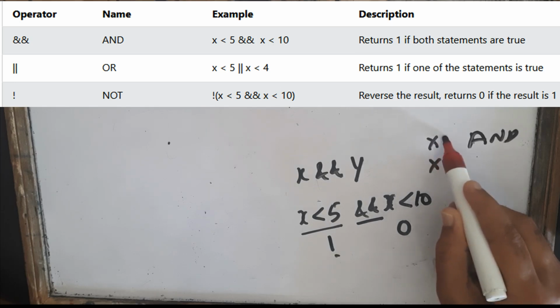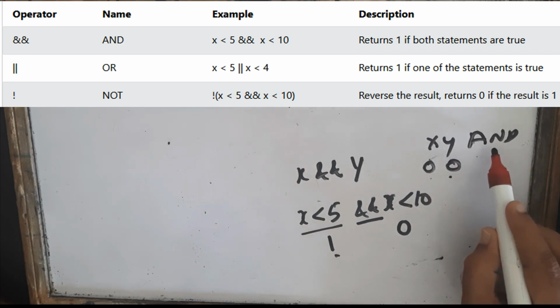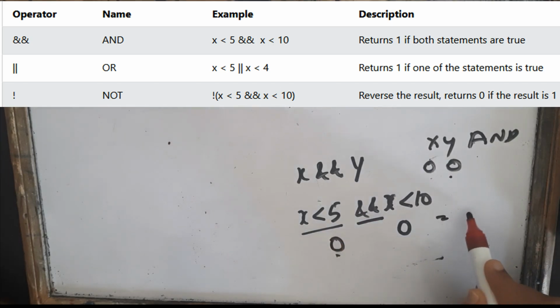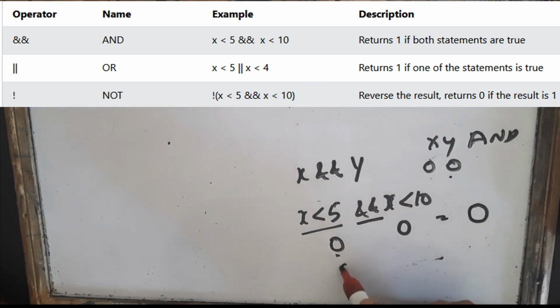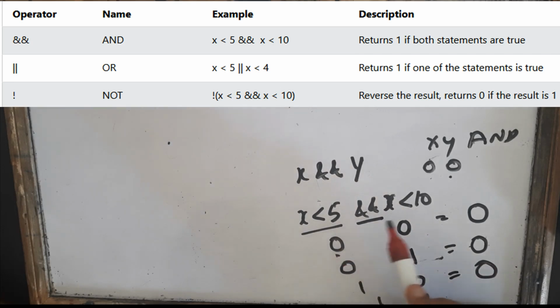What happens for the AND operation? If 0 and 0, the output will be 0, 0 and 1, then the output will be 0 again, 1 and 0, again the output will be 0. If both are true, then the output will be true. That is what the AND will do.